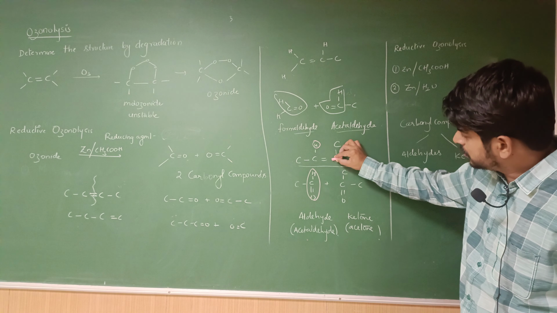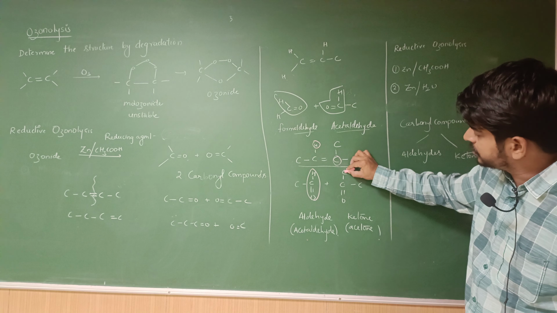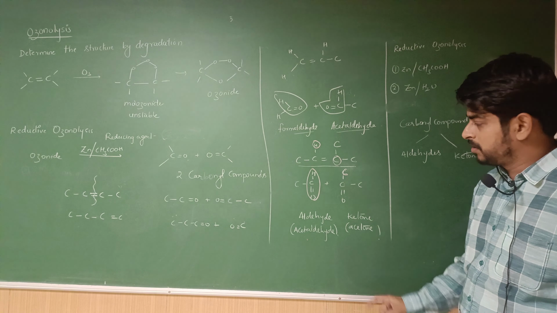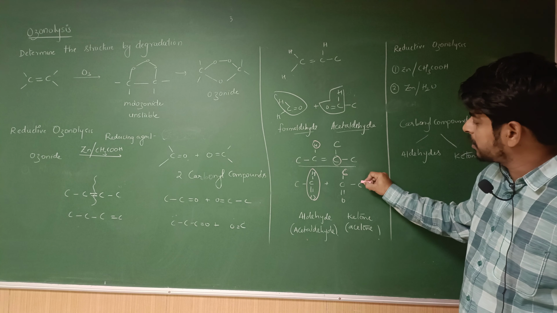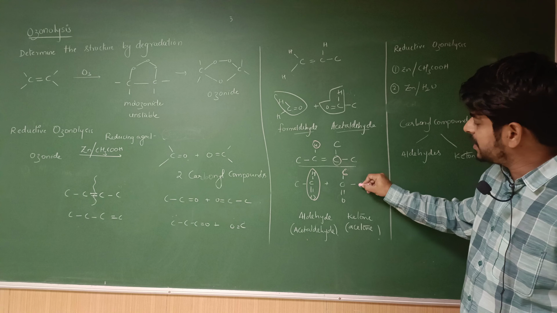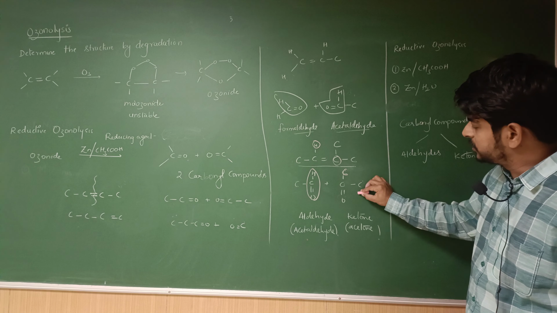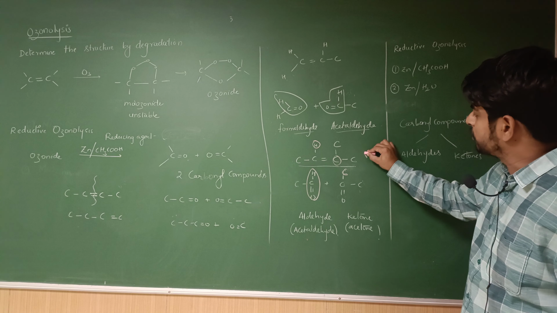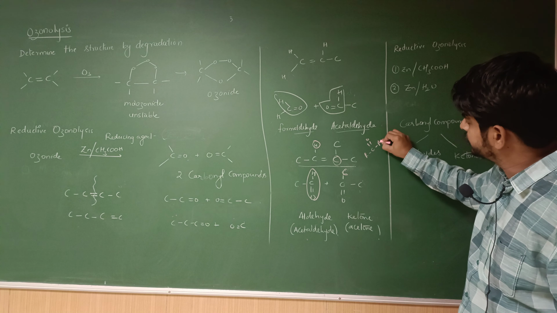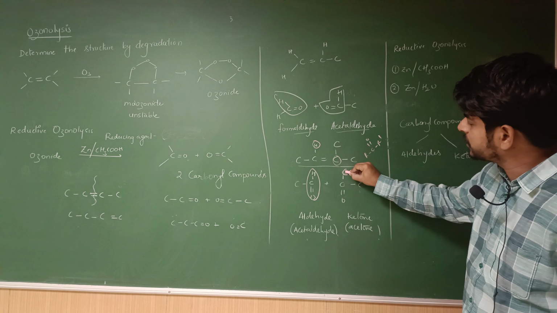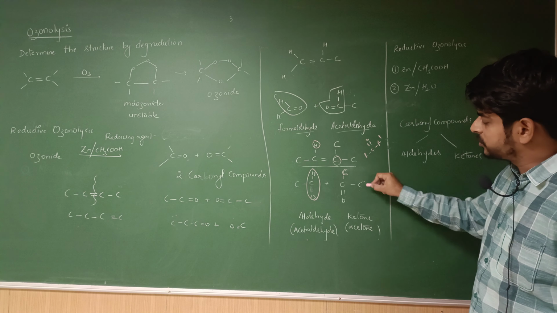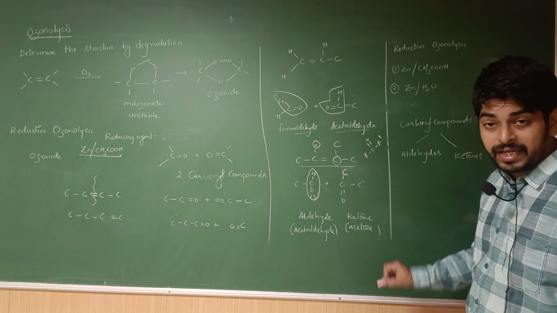Here, this carbon atom does not have a hydrogen, instead it has 1 more carbon atom. So this is R and R on both sides. So this is nothing but a ketone. What is a ketone? R C double bond O R dash. So this carbon is R and this is R dash. So this is nothing but a ketone, or acetone.